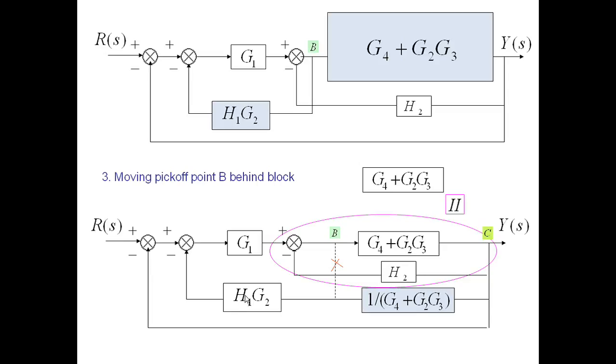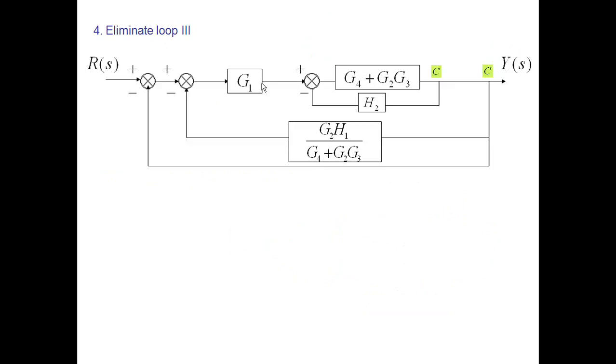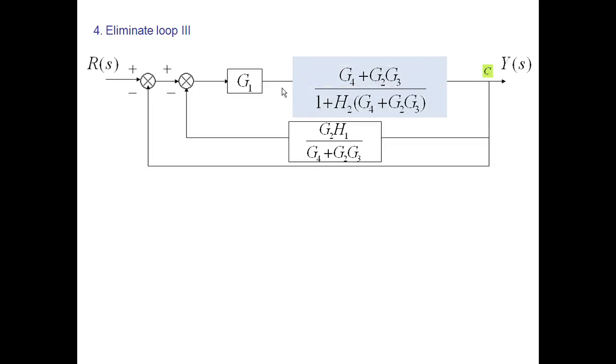Then G1 and this simplified block are in cascade. The simplified block for this negative feedback loop is cascaded with G1, so G1 gets multiplied with this block, and the whole block is in negative feedback with G2 H1 upon G4 plus G2 G3.